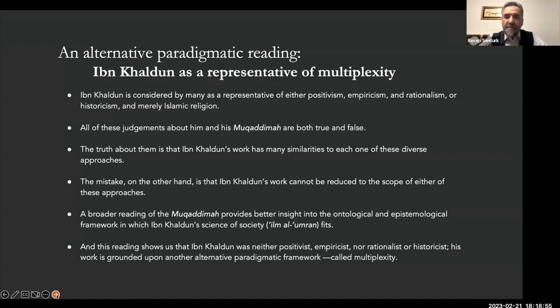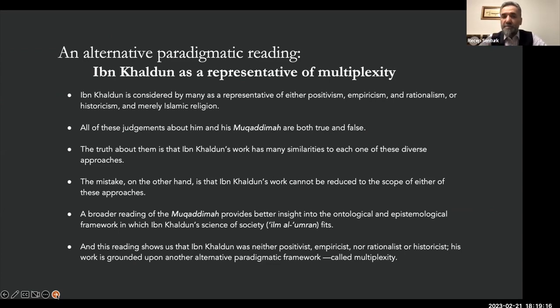Ibn Khaldun is considered by many as a representative of either positivism, empiricism, rationalism, historicism, or merely a Muslim religious scholar. All of these judgments about him and his Muqaddimah are both true and false.